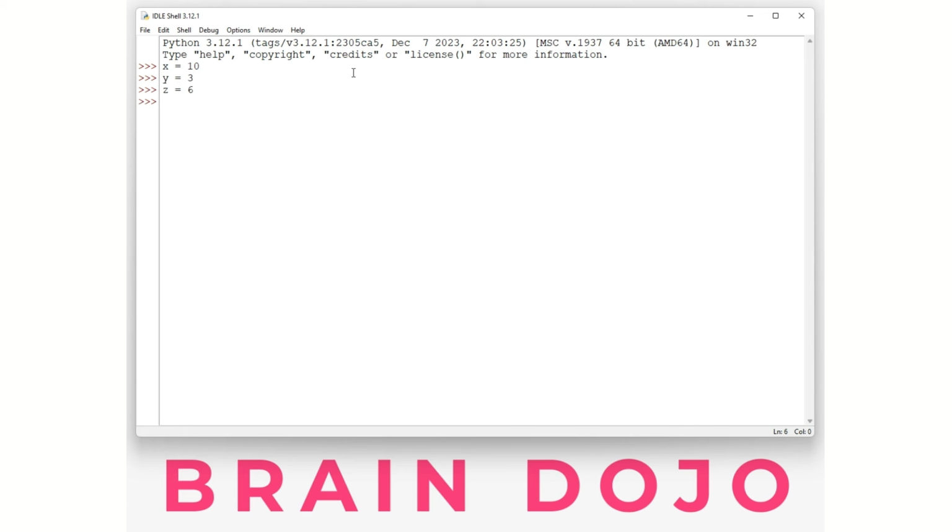And then I want to generate two floats as well that we talked about, or decimal numbers. So let's say a equals 3.142, b equals 9.996.